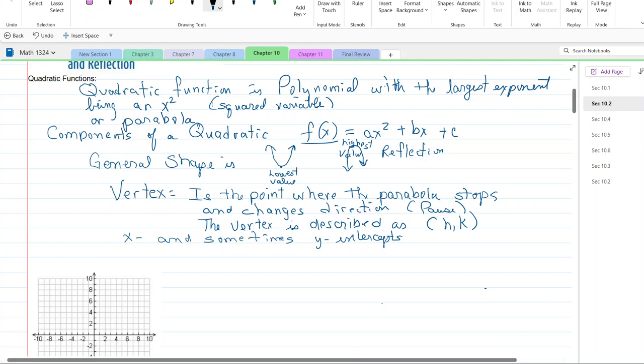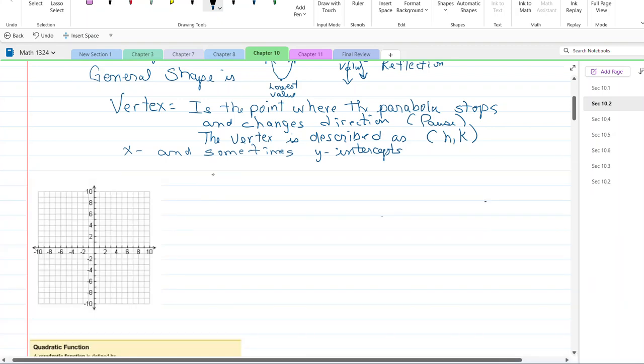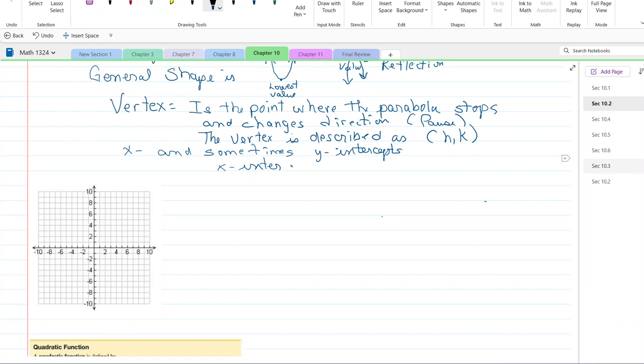If it has x intercepts, it can be 1 or 2 points. The y is usually 1.